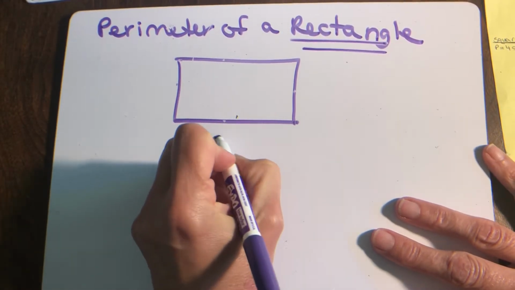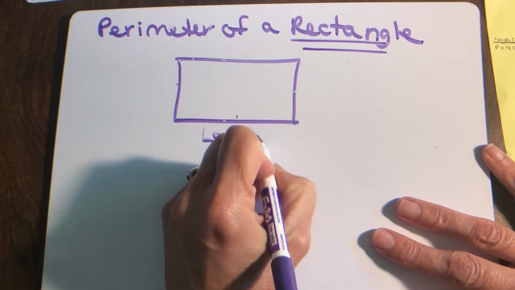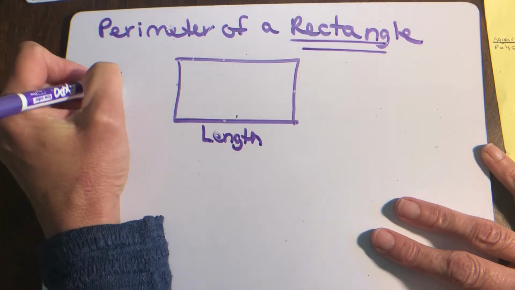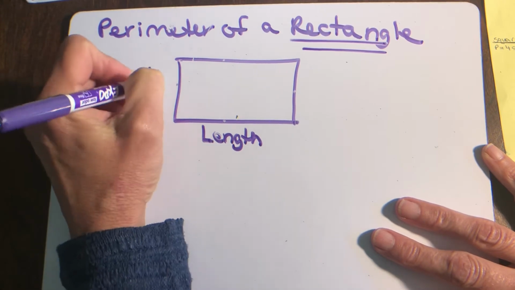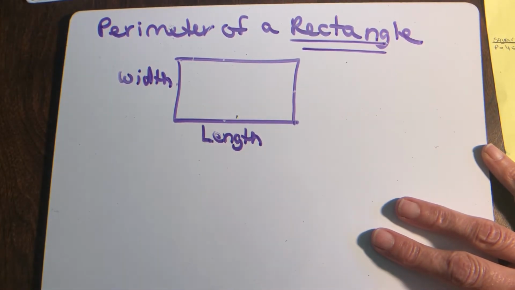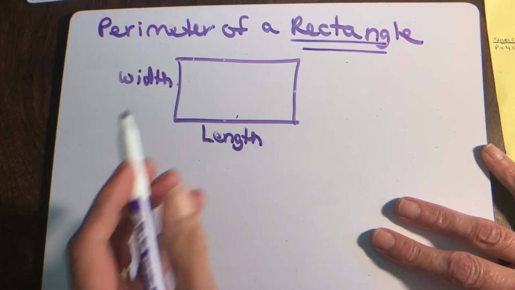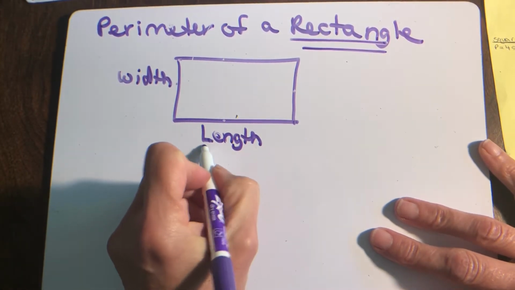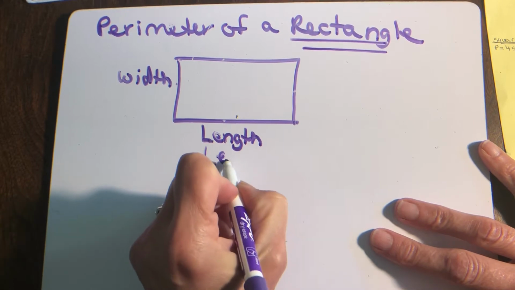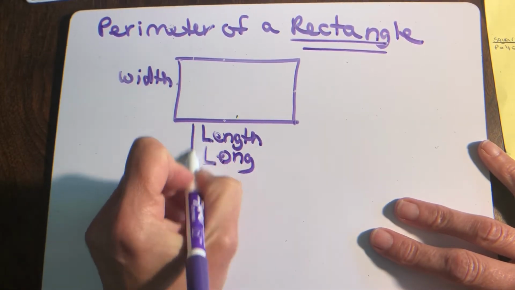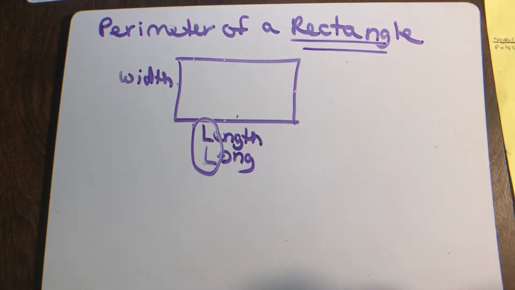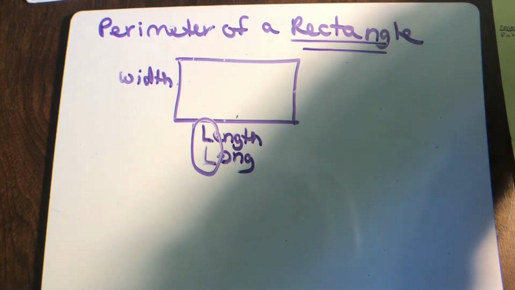We label the long sides the length, and we label the shorter sides the width. It doesn't seem like it matters which one is which, but sometimes it does make a difference. So just remember that L for length is L for long, so that way you don't ever have to think about it. You know exactly how to label it.